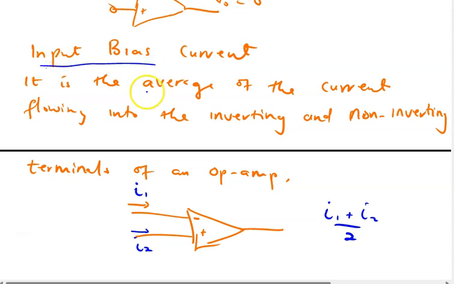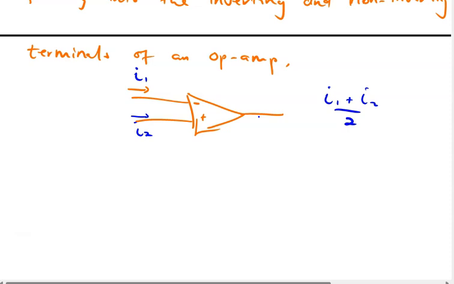So it is the average of the current flowing into the inverting and the non-inverting terminals of an op-amp. And the condition is that for an ideal op-amp, this input bias current should be zero.